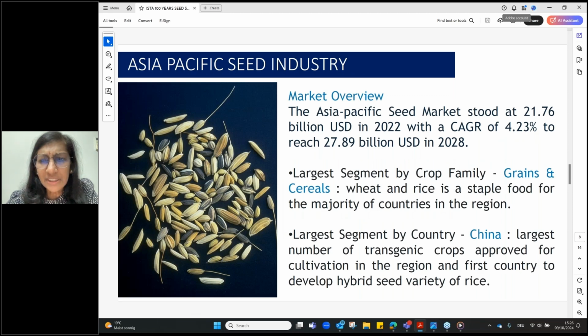Just a few statistics that I could pick up on Asia Pacific. Having said that it is the fastest growing region, we can see that the Asia Pacific seed market stood at 21.76 billion out of the 60 billion. That gives us a guide as to the size of the market.